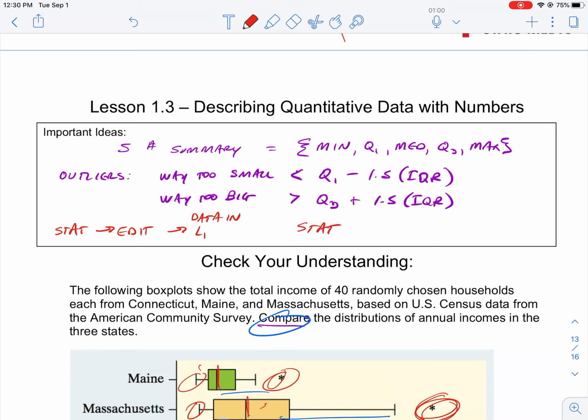Then, after you get your data in, you do Stat and then Calc, and you do your 1-Var Stats, and this is on a TI-83 or 84.